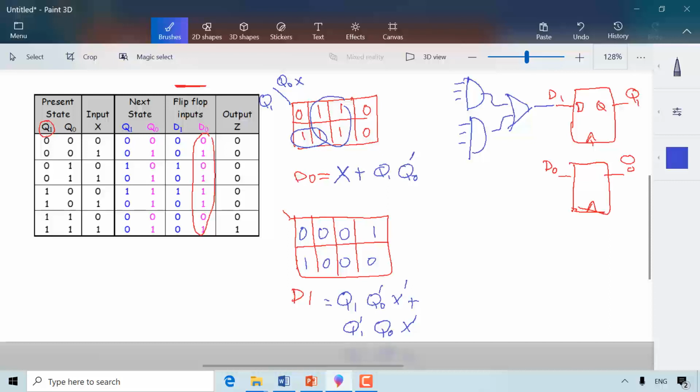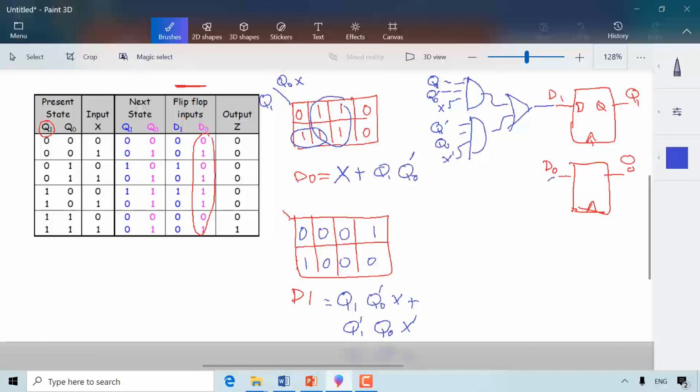Q1 prime Q0. Yes. So Q1, Q0 prime and X, and this one Q1 prime Q0 and X prime.